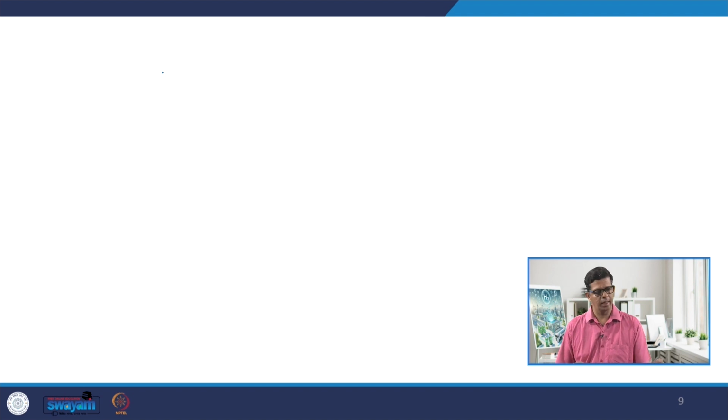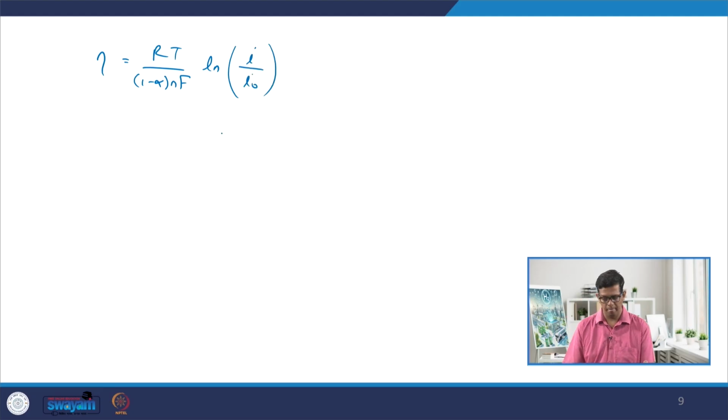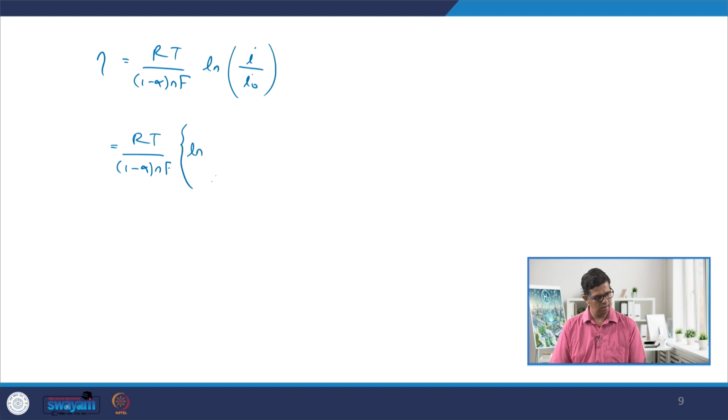Let us again rearrange the terms and write it for eta. That is RT by (1 minus alpha) nF ln I by I naught. If I simplify this, RT by (1 minus alpha) nF times (ln I minus ln I naught). So, this is again eta.